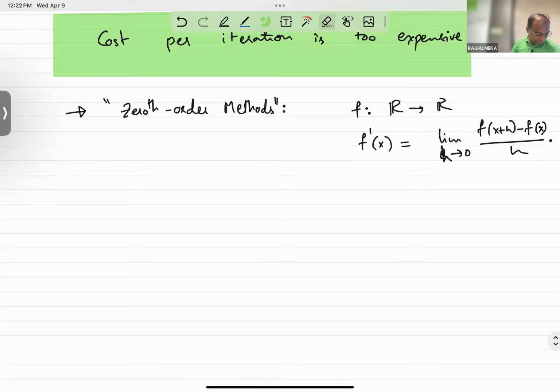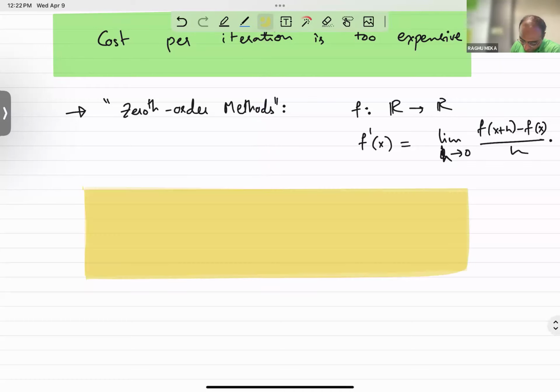And this will eventually lead to a trade-off, but it's a trade-off that we will maybe be happy with.